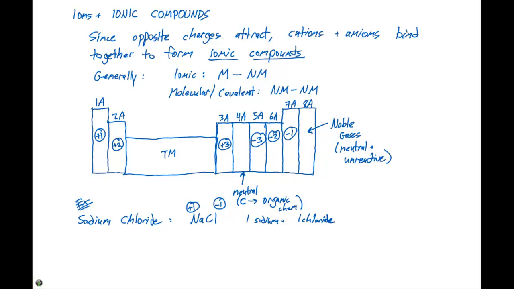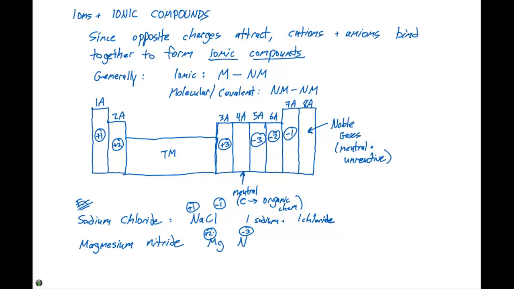But what happens if we have an ionic compound like magnesium nitride? If we look at the periodic table, we can find magnesium as element number 12 in group 2A. So magnesium is going to have a +2 charge. Nitrogen is element number 7, so the nitride anion will be contained in group 5A, which has a charge of -3.